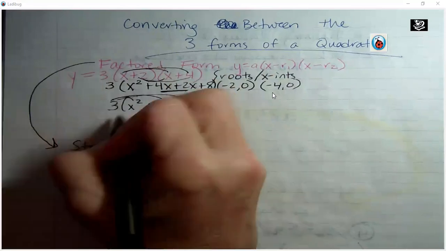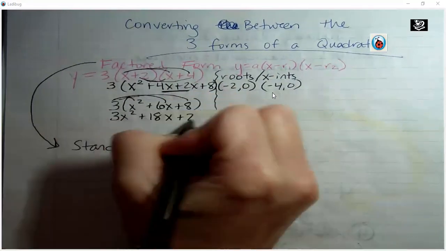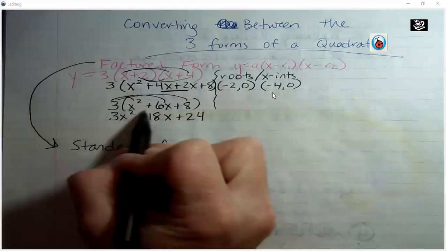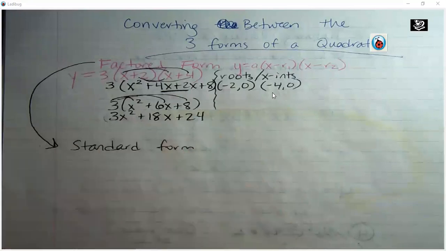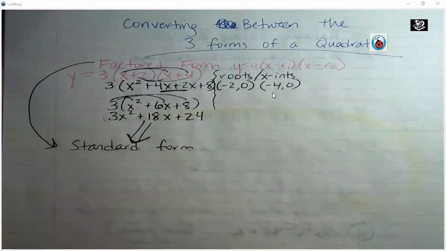So that gives me 3x squared plus 18x plus 24. What form is this now? Standard. Good. This is now standard form.